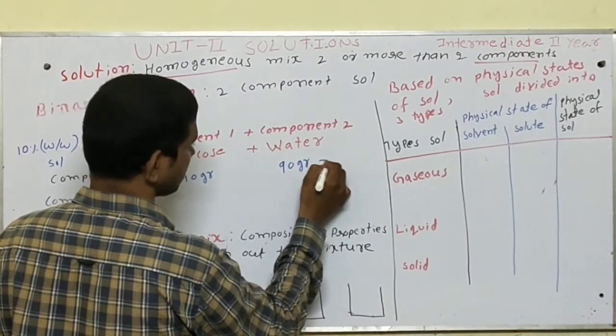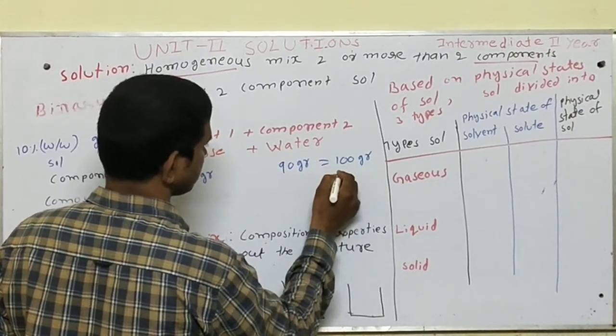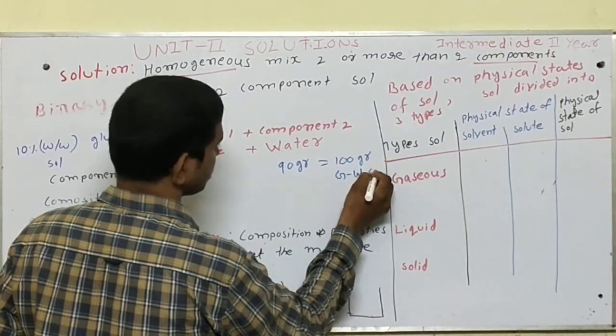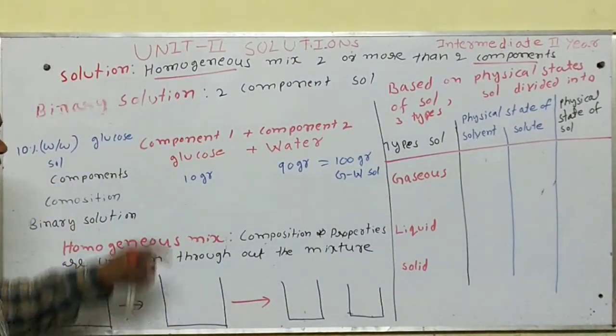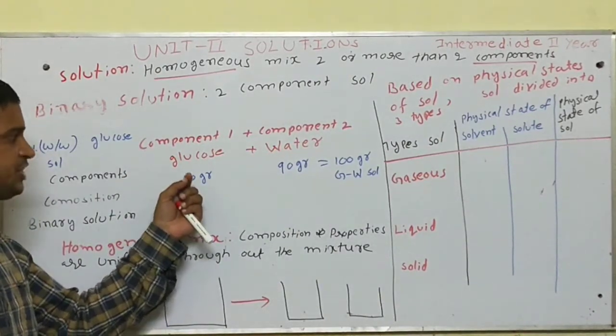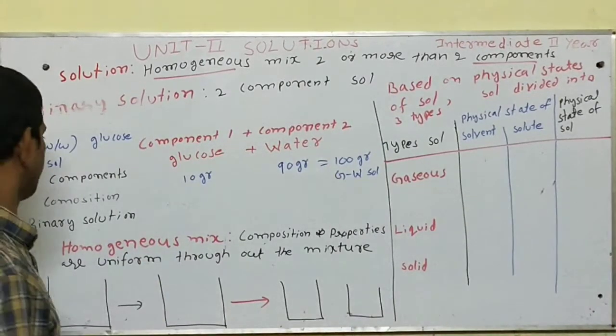These two will make 100 grams of glucose water solution. In binary solutions, the component or substance which is less in quantity is termed as solute.